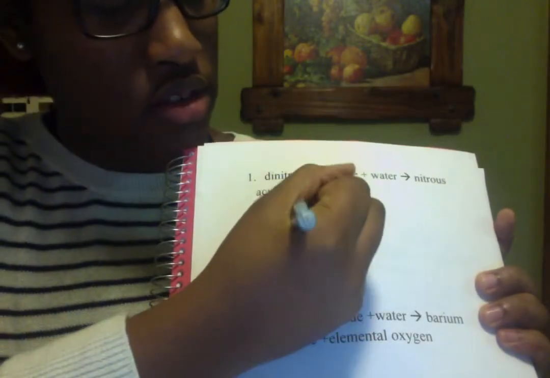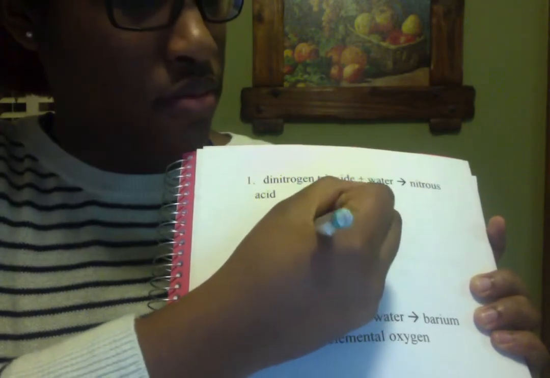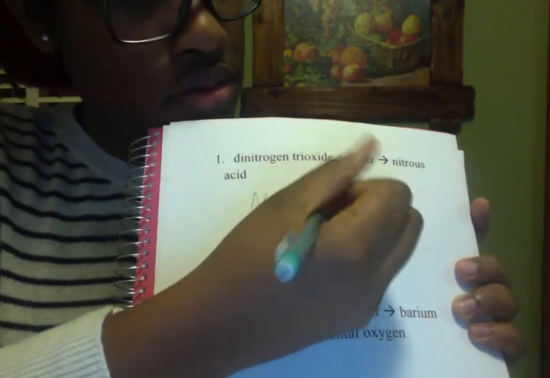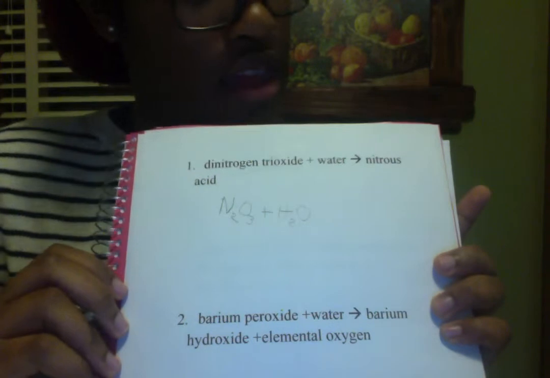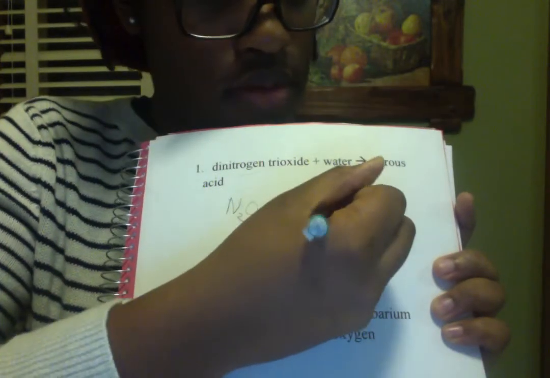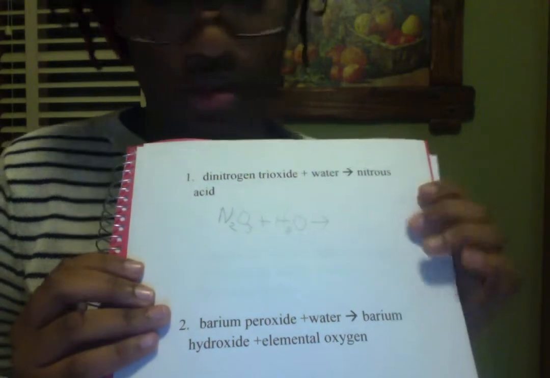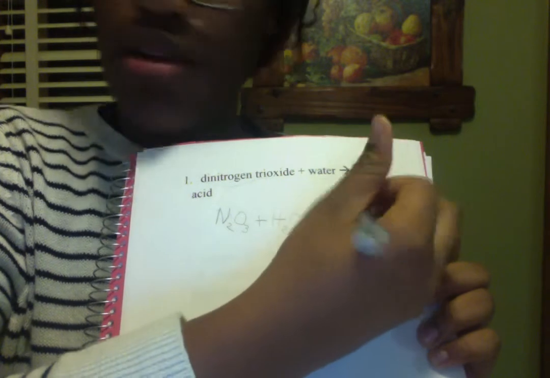So you do N2O3, and then plus water, which is H2O, and that's your reactants, and then the arrow points towards the products, which are nitrous acid, which is HNO2.